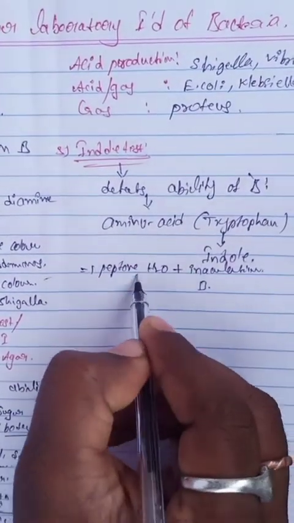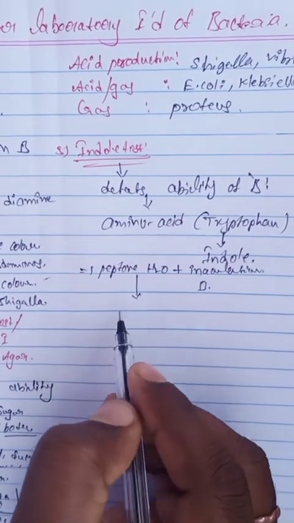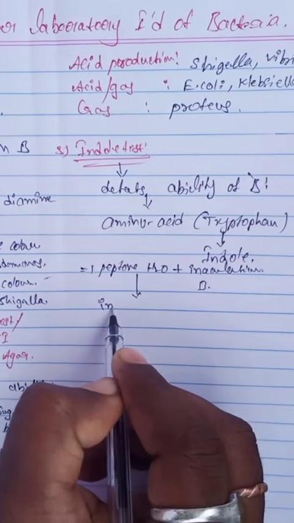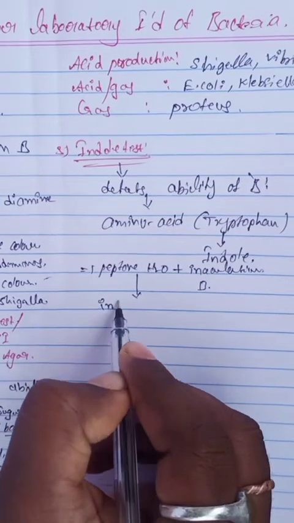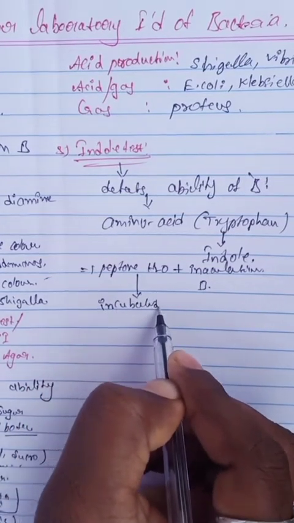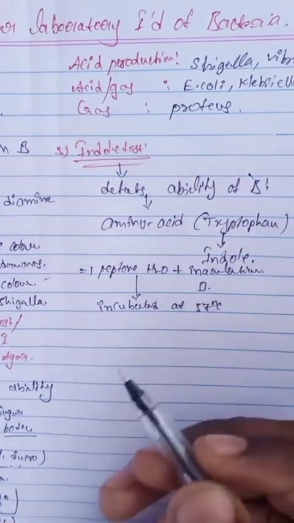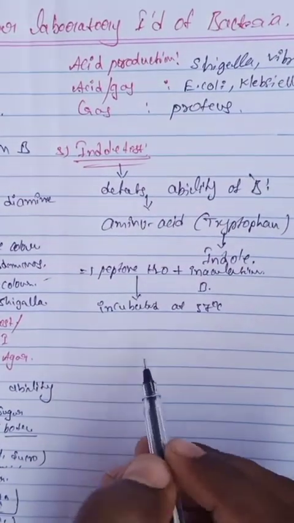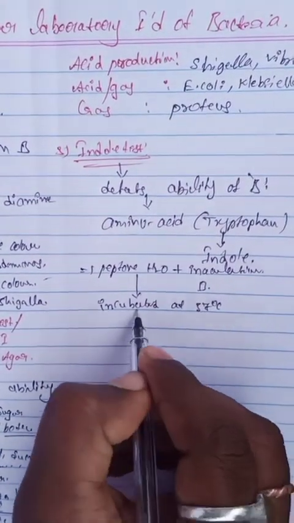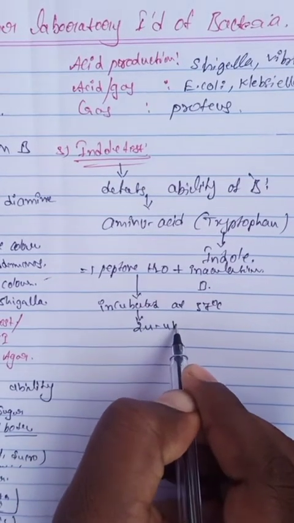Then it is incubated at 37 degrees Celsius. Incubation means development of the bacteria at 37 degrees Celsius for 24 to 48 hours.